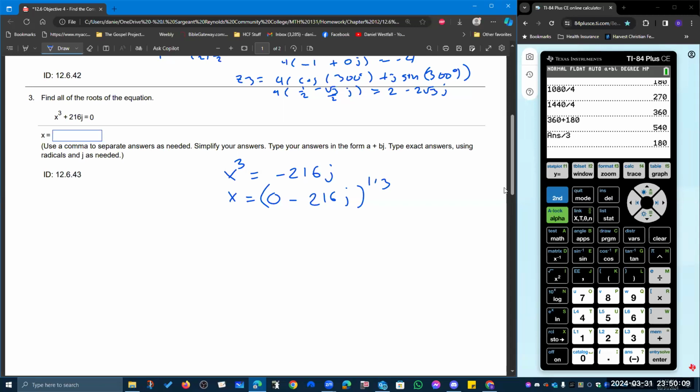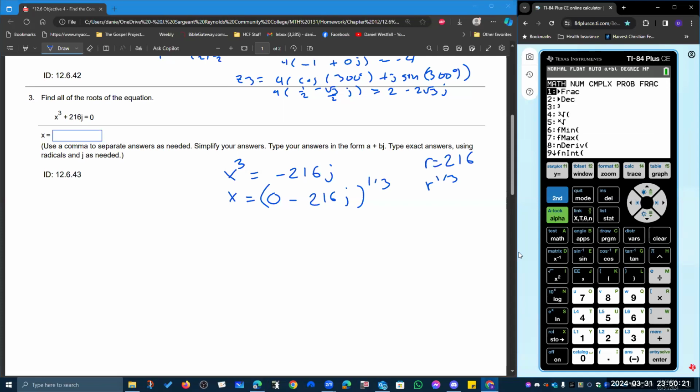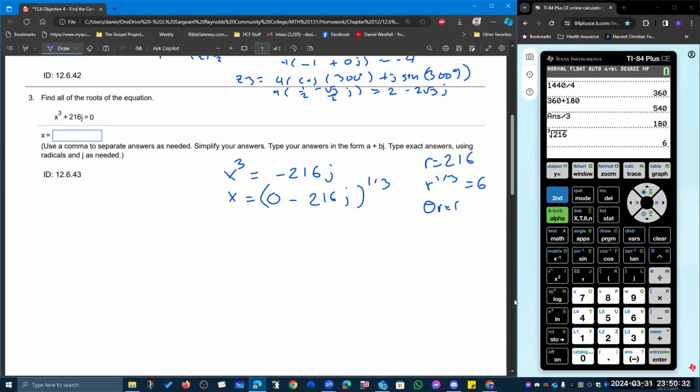Our r to start off with was 216, so my r to the 1/3 is the cube root of 216, which is 6, and theta to start off with was negative in the y direction, so this is 270 degrees.